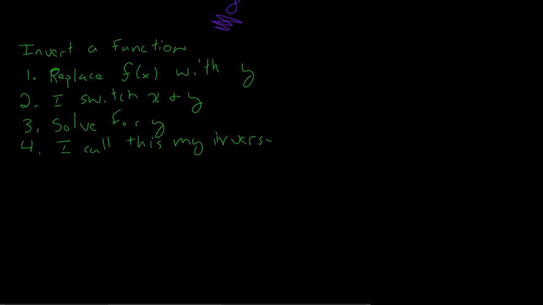So let's look at a few of these here. So I'm going to invert in sky blue. So I have f of x is equal to 2x minus 7. So this is a mapping. I put in something in my domain. This rule spits out something in my range. But if I want to start with my range and go backwards, right? And we do this all the time.